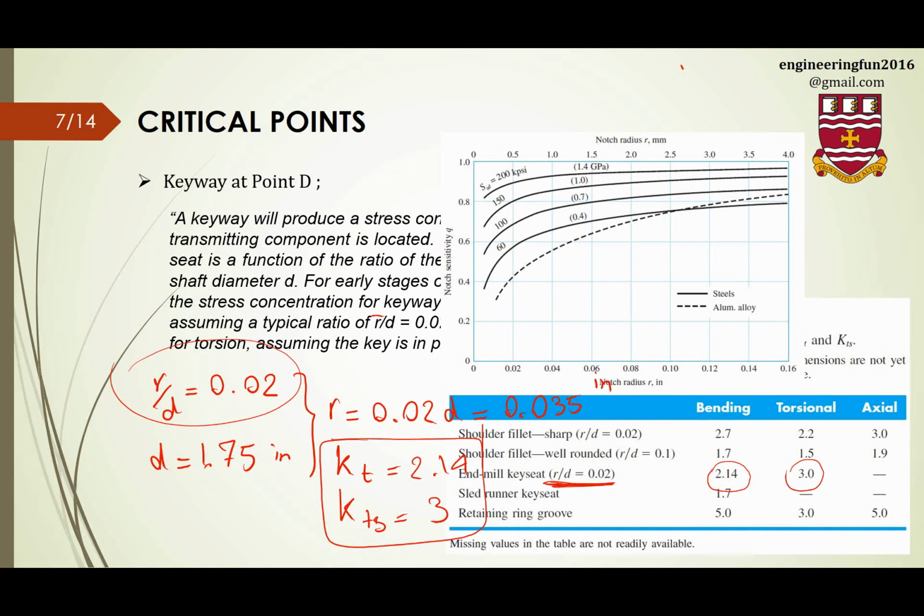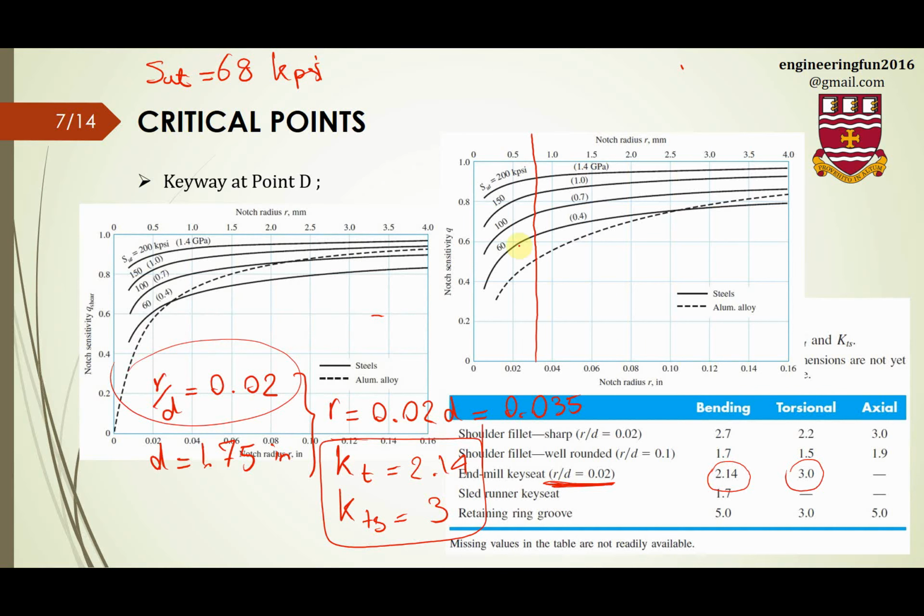We got the amount of radius, 0.035. So we are almost here. This is the notch radius, the x-axis. If we are here, we can draw a straight line. And we said that SUT of this material was 68 kpsi.